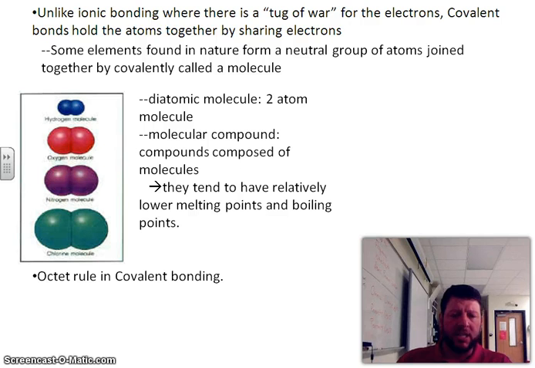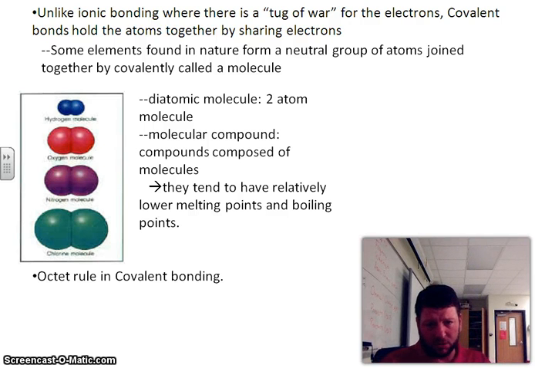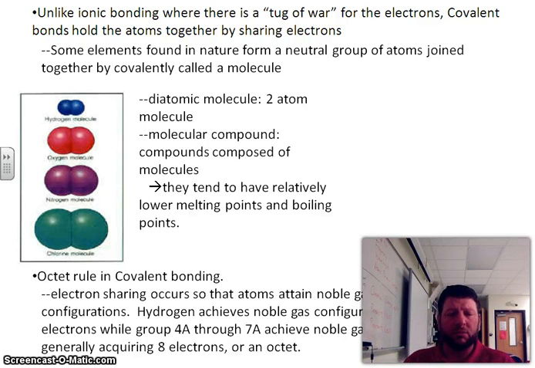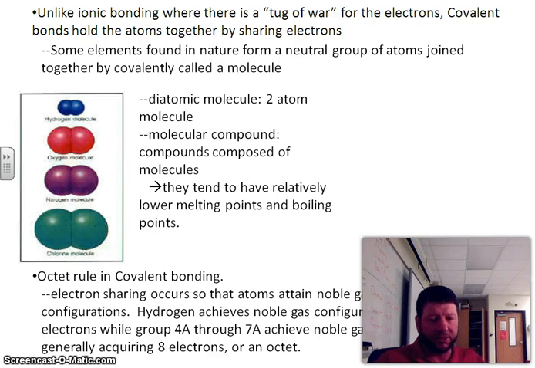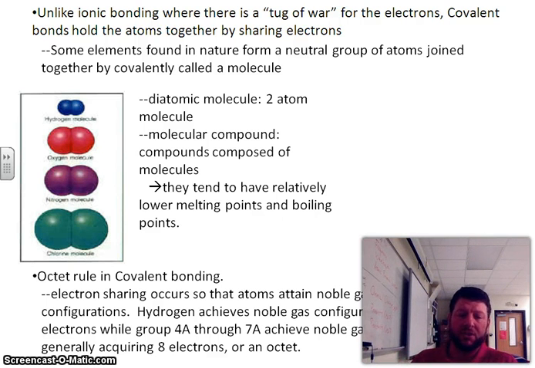Okay. Now let's remember the octet rule in covalent bonding. Electron sharing occurs so that atoms attain noble gas configurations. Hydrogen achieves noble gas configuration with 2 electrons, while group 4A through 7A, we're talking the periodic table, achieve noble gas configurations generally by acquiring 8 electrons, or what we call an octet.